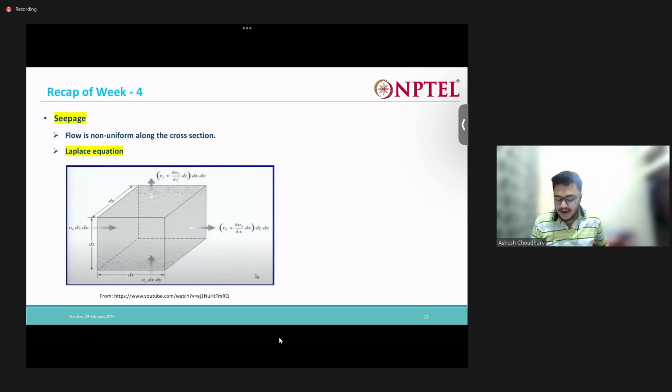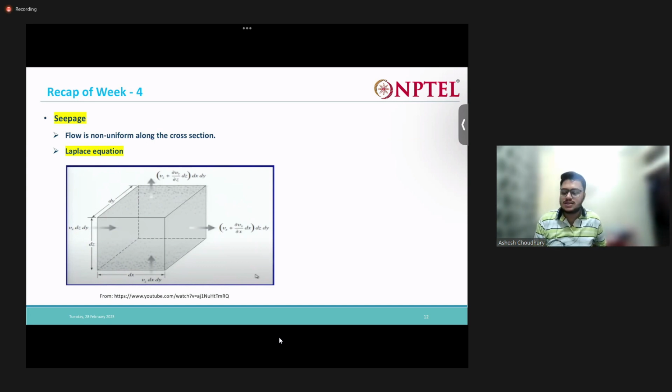And what is seepage? Seepage is how the water flows. We will be looking into how water actually flows through the soil, and how we can mathematically represent that flow of water in the soil.